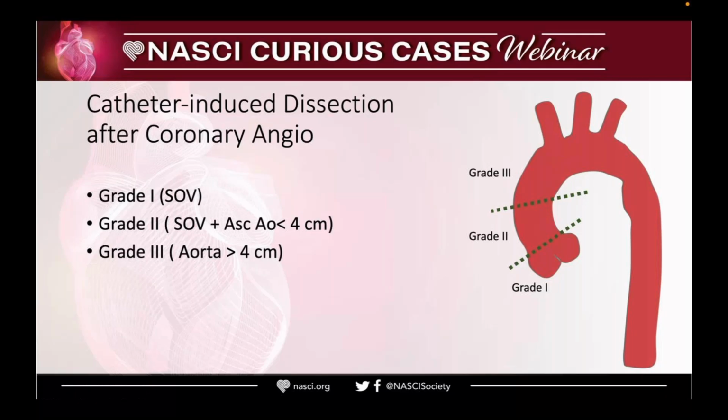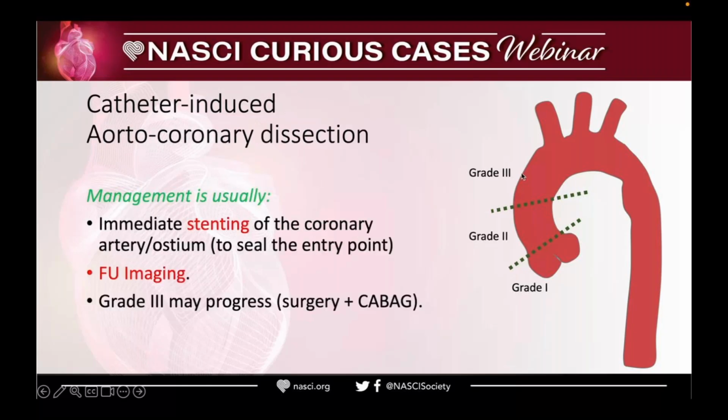It can be graded as grade 1 when it involves the level of the sinuses of Valsalva, grade 2 when the dissection extends to the level of the ascending aorta but less than 4 centimeters, and grade 3 when it extends all the way up more than 4 centimeters. Management: usually they know that they dissected the coronary in the cath lab, so they will place a stent at the origin or the ostium of the coronary artery to seal the entry point.